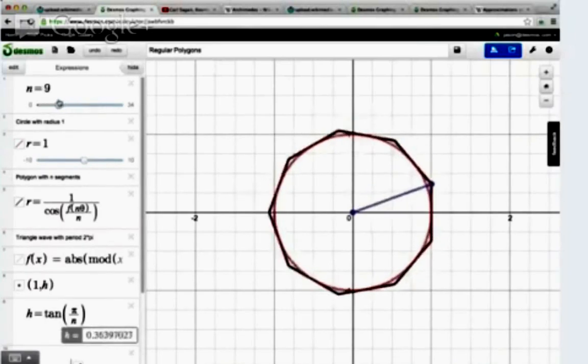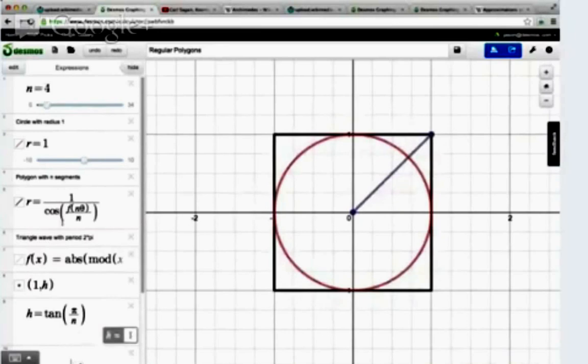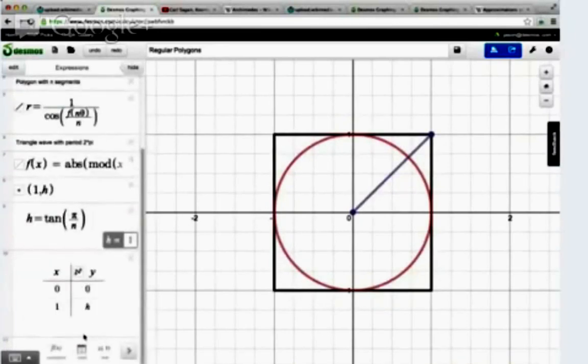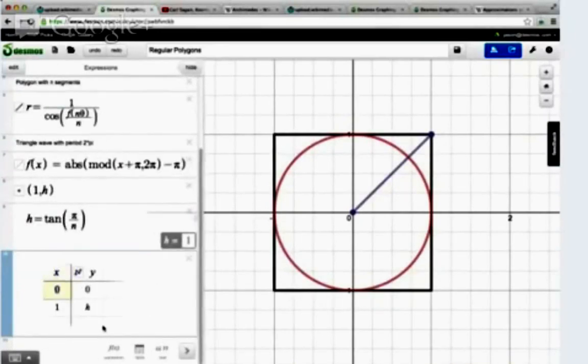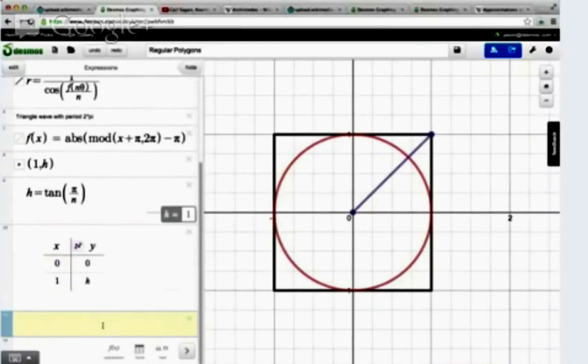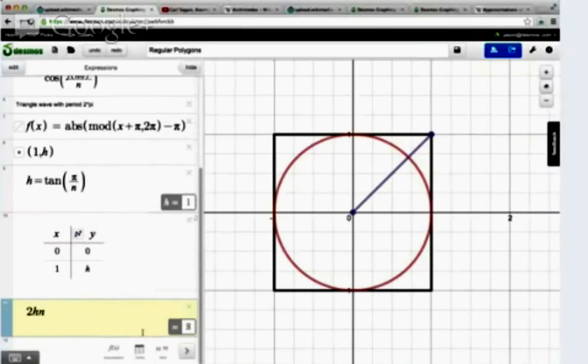Okay, so now we know how to calculate the side length of a polygon with n sides, and its perimeter is going to be 2 times h, which is actually the length of the side, times n.